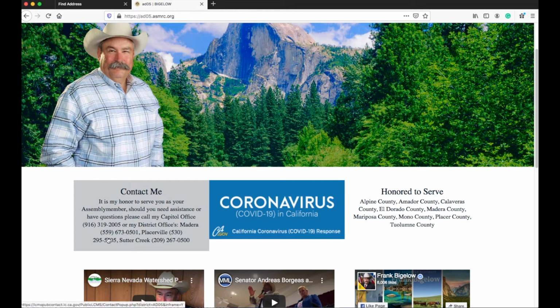Now, this is really critical if you're going to get involved in advocacy, because you need to be able to contact them both at the district level as well as at the capital level. You need to have the phone numbers, the mailing addresses of both of these offices so that you can interact with them both on a more local level at the district office as well as at the state capitol in Sacramento at their capital office.